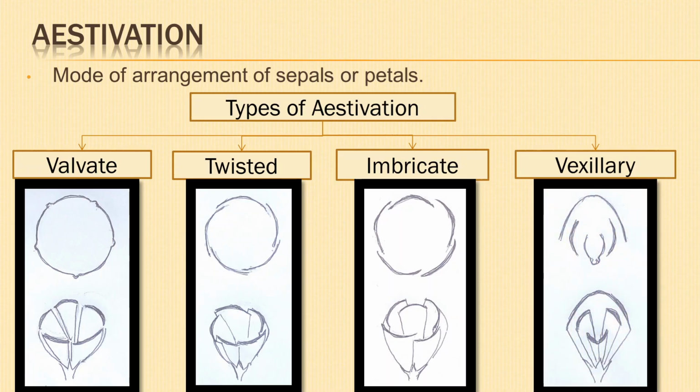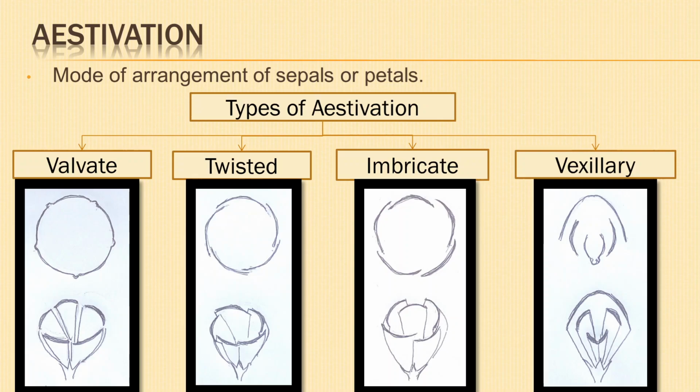Vexillary. In pea and bean flowers, there are 5 petals. Outermost largest known as standard or vexillum. 2 lateral petals known as wings, and 2 smaller, nearly fused petals forming a boat-shaped structure known as keel or carina.